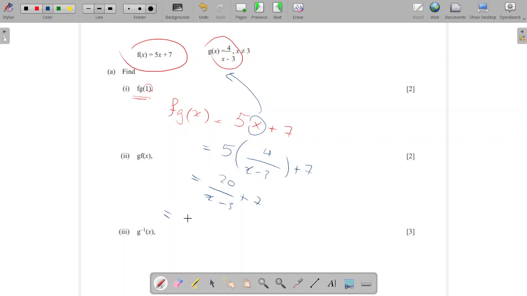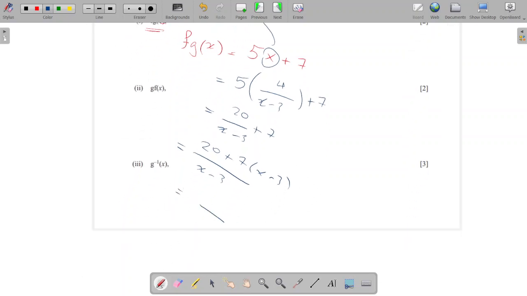So this is going to be equal to 20 over x minus 3, and 7 is going to be multiplied by x minus 3, and this is going to be equal to what? 20 plus 7x minus 21 over x minus 3, which means that's going to be equal to 7x minus 1 over x minus 3. This is representing the fg function.